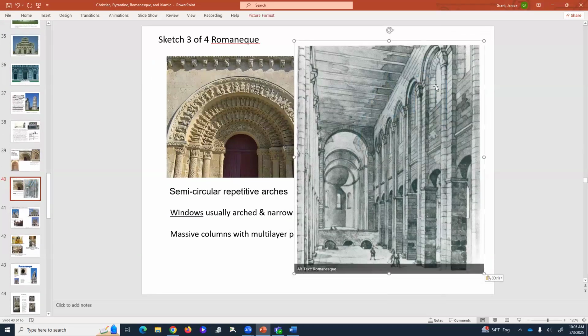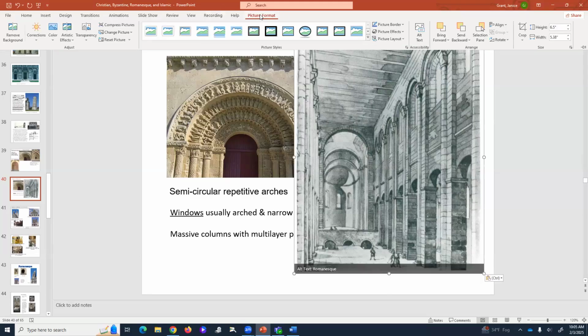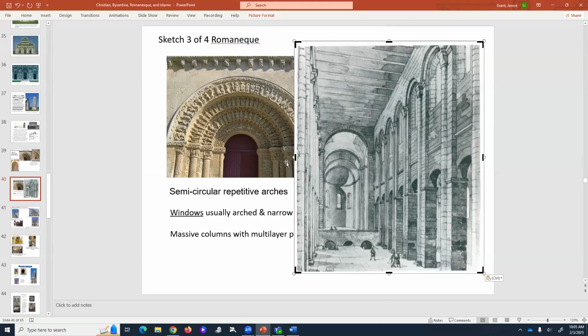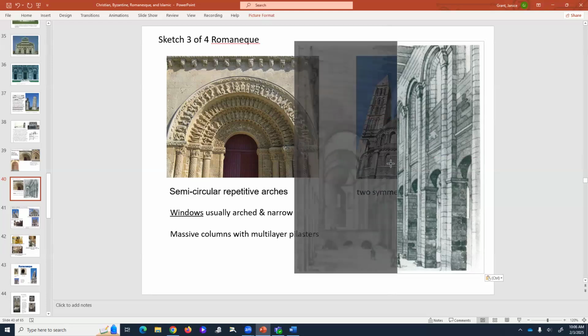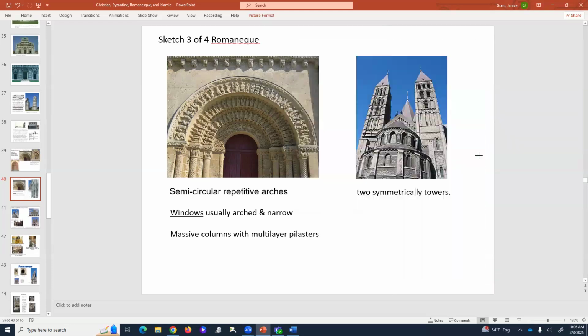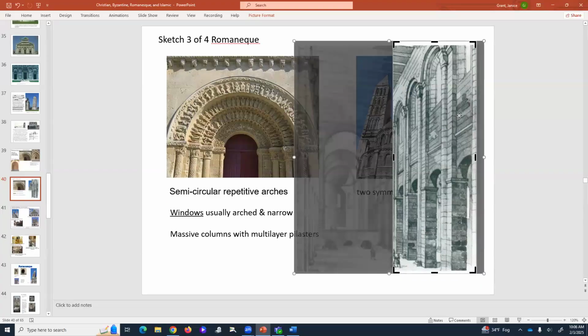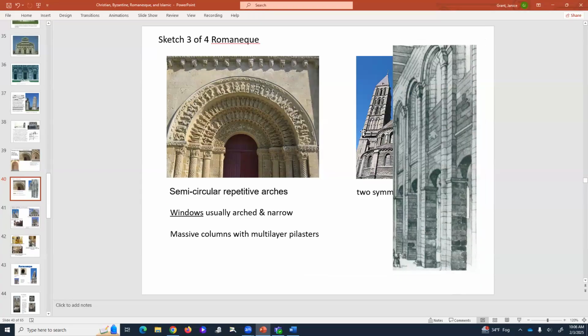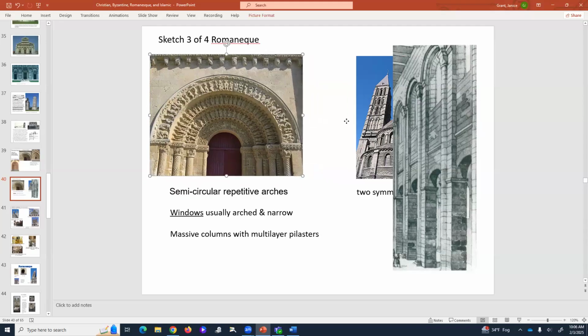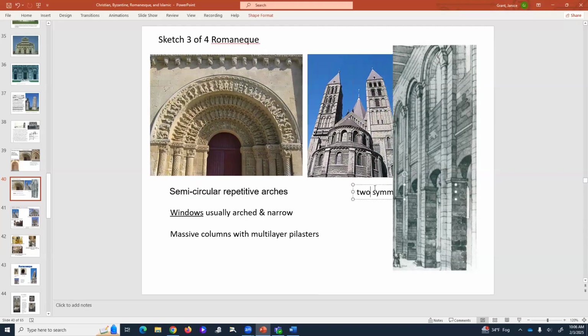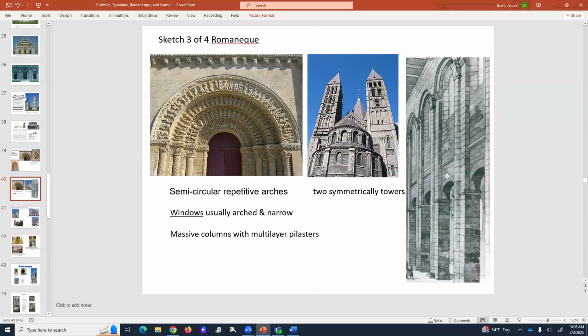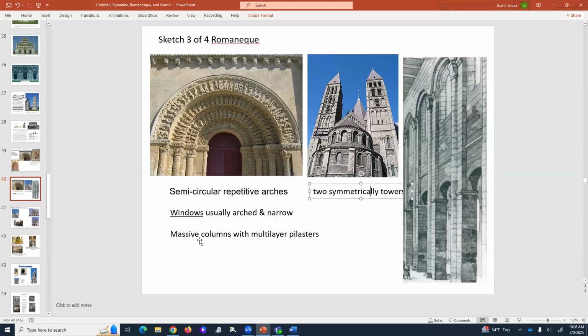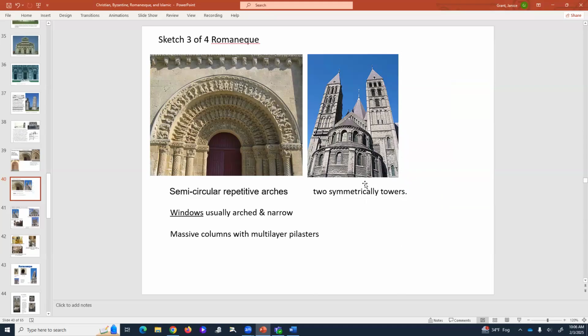Would that be something that we could sketch, or is it too hard to do, do you think? Sketch, guys. Anything that shows that. Asking your opinion. You want us to draw which part of it? I know that we want to put a note in there about massive columns with multi-layering pilasters, but maybe we don't put a sketch in there. We just have these two.